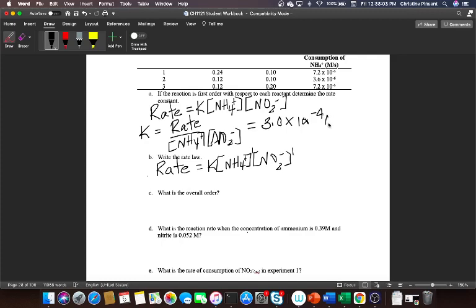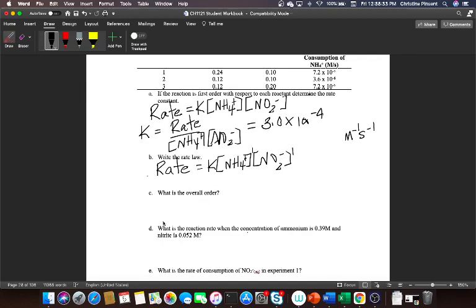The unit of this is moles per liter to the minus 1, seconds to the minus 1. Let's just leave it at that. So moles per liter to the minus 1, s to the minus 1. That's my unit for my k value, my constant.